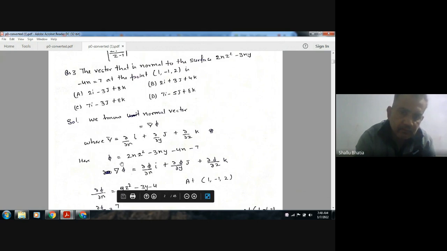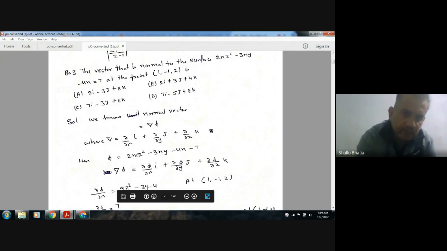Now if we multiply, we have a dot product; sorry, phi is not a vector quantity, so it will be partial phi by partial x i, partial phi by partial y j, and partial phi by partial z k.